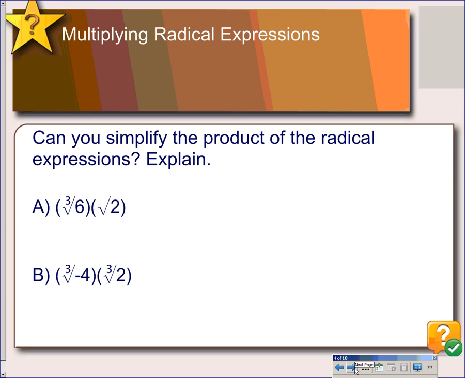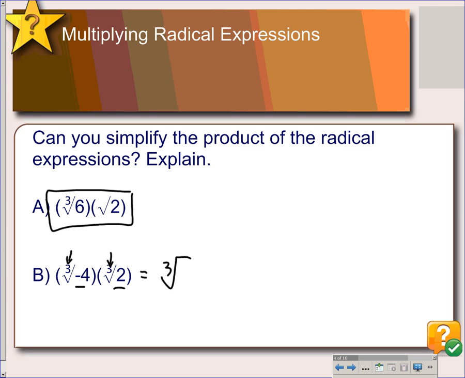So here are some radicals to simplify. In our first example, we have the cube root of 6 and the square root of 2. Because the index does not match, we cannot simplify that. And so in simplified form, it's just what it was to begin with. Second example, we do have matching indices, cube root, which means we can multiply radicands.